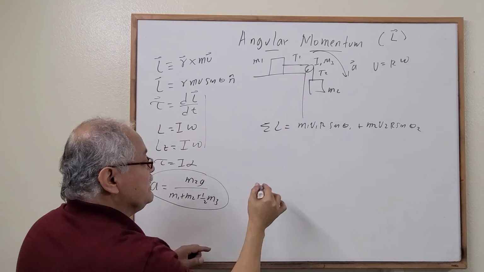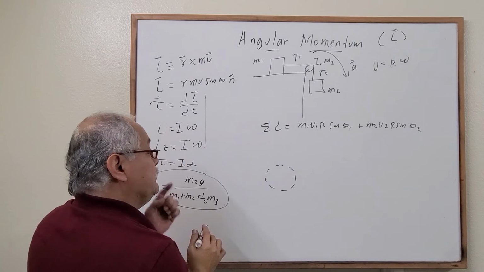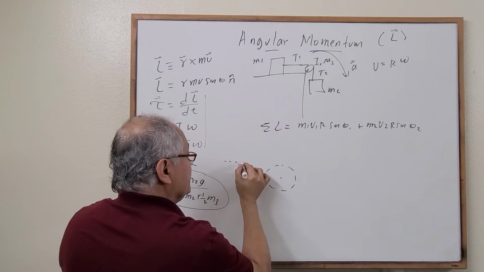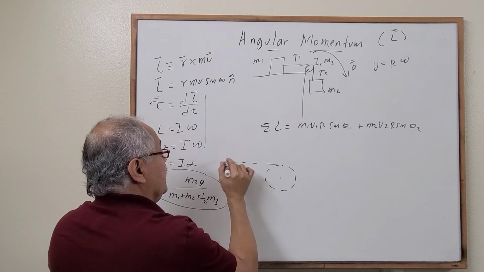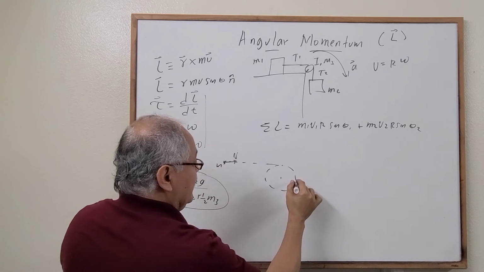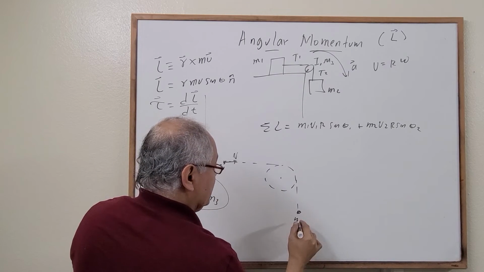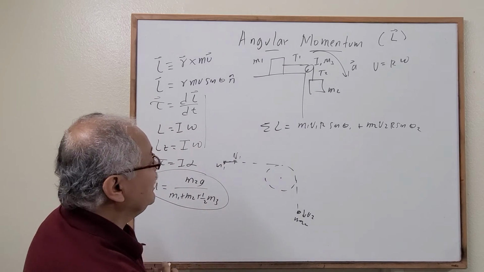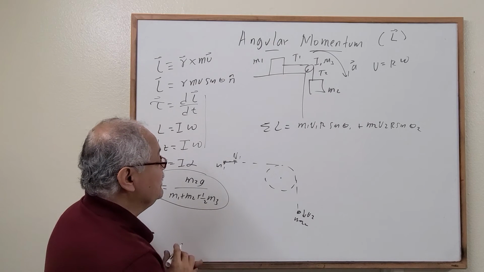All right, where does this idea come from? If we have this pulley right here, this is the line of action. We have the particle m1 moving with some velocity, and m2 also with some velocity. At the end, v1 and v2 are the same velocities.